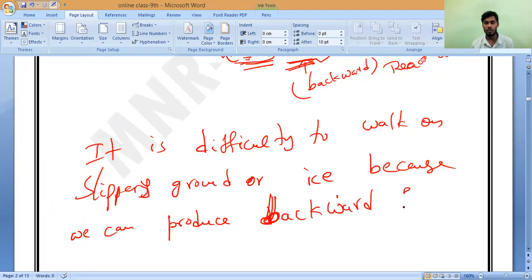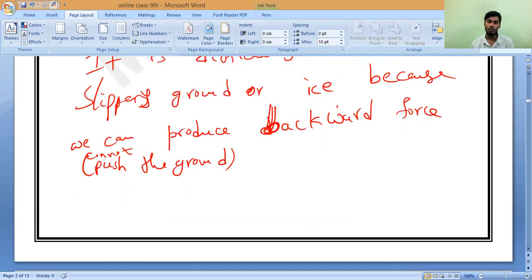Backward force means we cannot push the ground. We cannot push the ground backward. If you are unable to push the ground backward, we cannot exert a force backward, which would produce a forward reaction on us. That won't happen. So there is no forward force exerted by the ground, because friction is much less. We cannot push the ground.